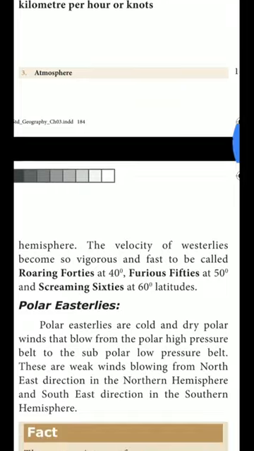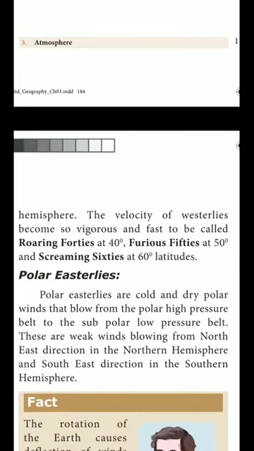Next heading is the polar easterlies. What do you mean by this polar easterlies? Polar easterlies are cold and dry polar winds that blow from the polar high pressure belt to the subpolar low pressure belt. Okay, listen carefully. What do you mean by polar easterlies?